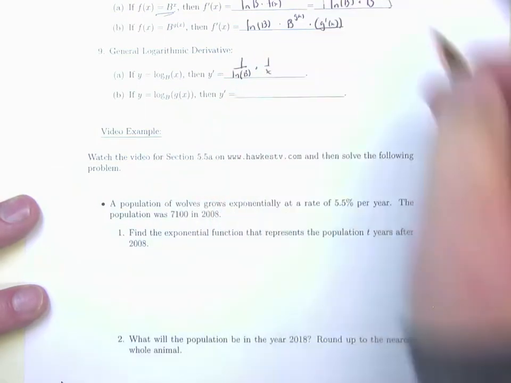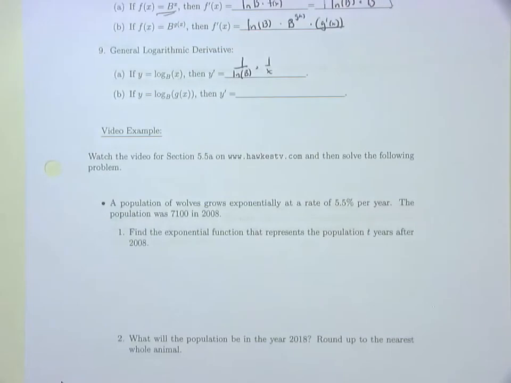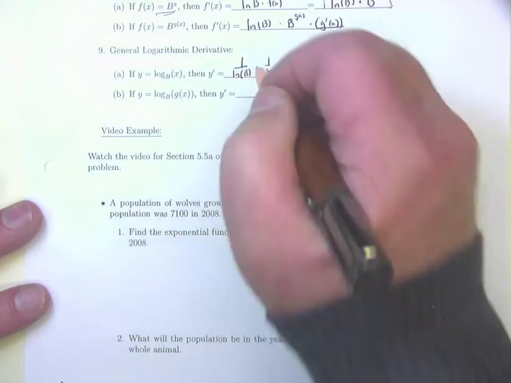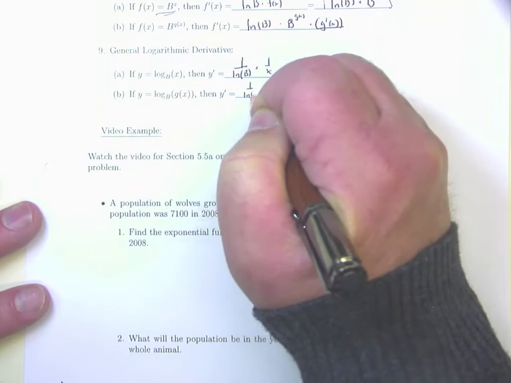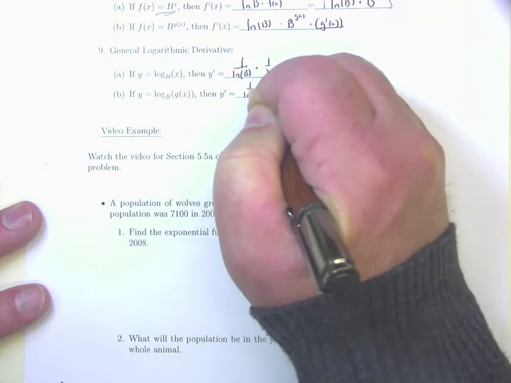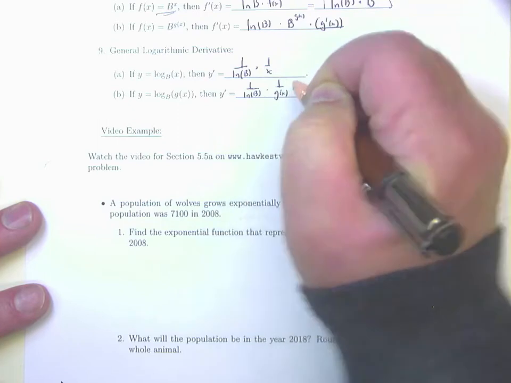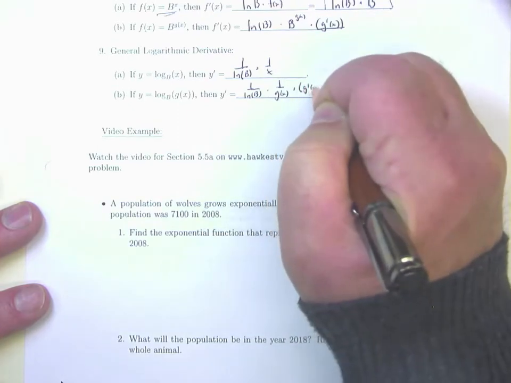The derivative of a log is always 1 over. That 1 over is what I'm trying to drum home to you guys. So if you got the log base b of x, it's 1 over natural log of b times 1 over x. And if you got y equals the log base b of a function g of x, it's going to be 1 over the natural log of b for that adjusting factor, times 1 over the function, which is g of x, chain rule, times g prime of x.